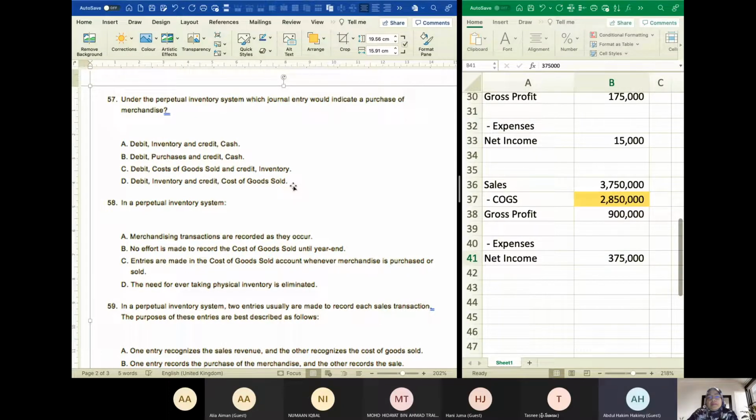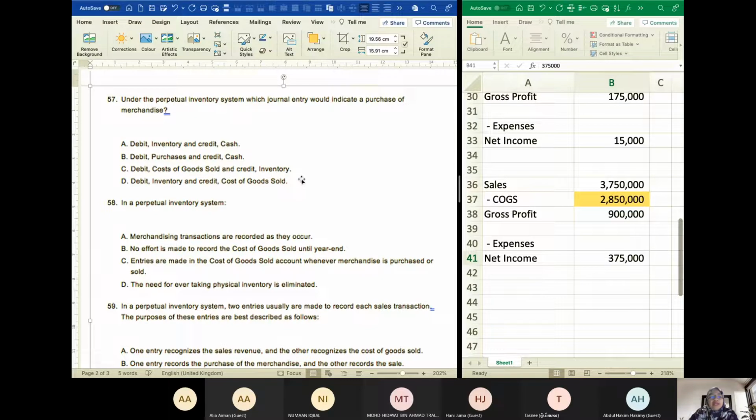COGS arises only when you make sales, but here we have purchases. So you cancel out D. I cancel C also, because again COGS is there. COGS is not when you purchase.